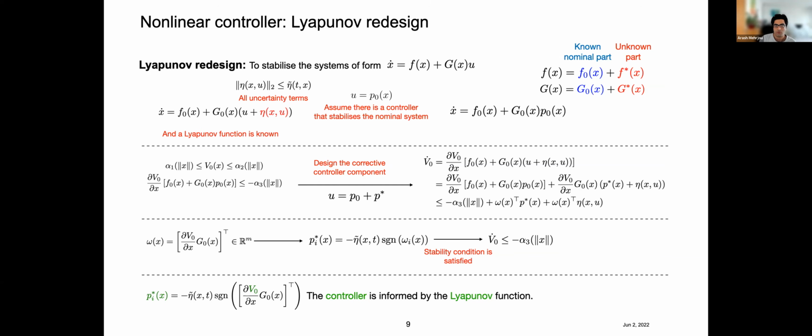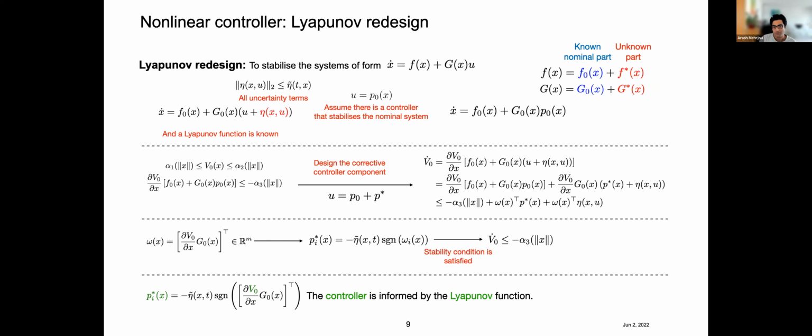These are two pieces of information that we need to know about this system. And the uncertain, or unknown, part of the system, shown by Fs star and Gs star, is bounded: both are pushed into this eta, and the norm is bounded by eta tilde.